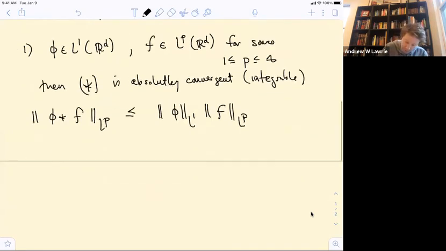For p equals infinity, it's true. For p equals infinity, you could just put absolute values inside the integral and pull out the L infinity norm of f.